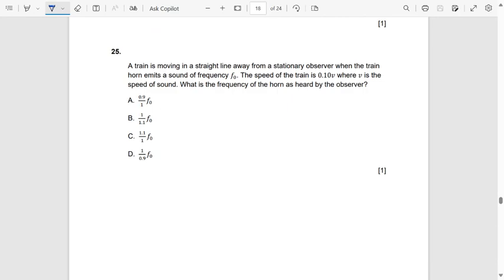Okay, 25 is Doppler, and the key word here is moving away. So you need to use your moving away formula in the data booklet. So what I mean by that is that when you have f equals f0, v over v plus or minus vs, you need to decide, is that a plus or is it a negative?